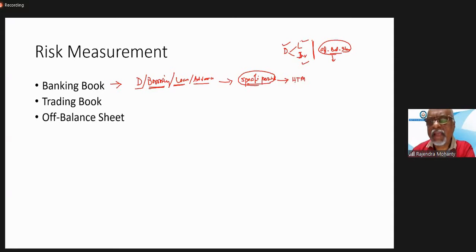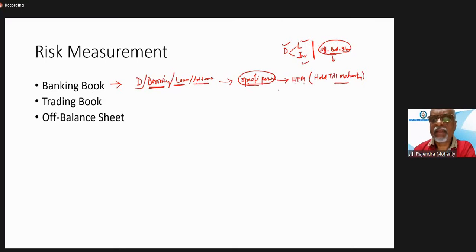HTM is held till maturity. That is the main characteristic of the transactions made under this banking book. They are normally held till maturity, not all of them, as some may go before maturity. So banking book means those transactions which are held till maturity.